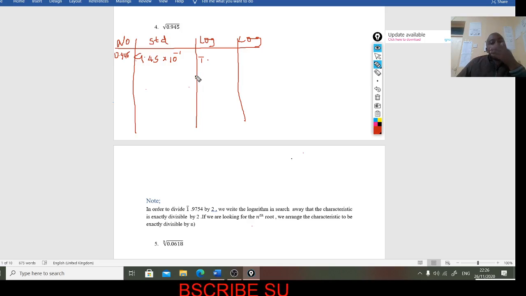Now I read the logarithm of 9.45 from the table. I find it as 0.9754.